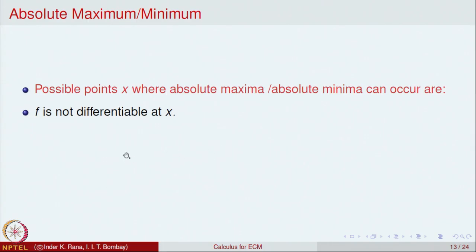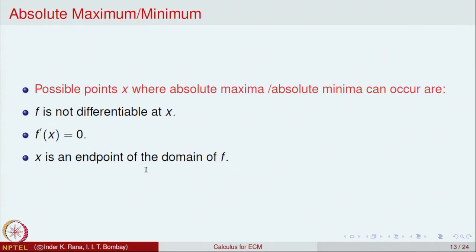So, let us look at these points. The first are the points in the domain where the function is not differentiable. Then the points where the first derivative is equal to 0, where the function is differentiable at interior points and the derivative is equal to 0.